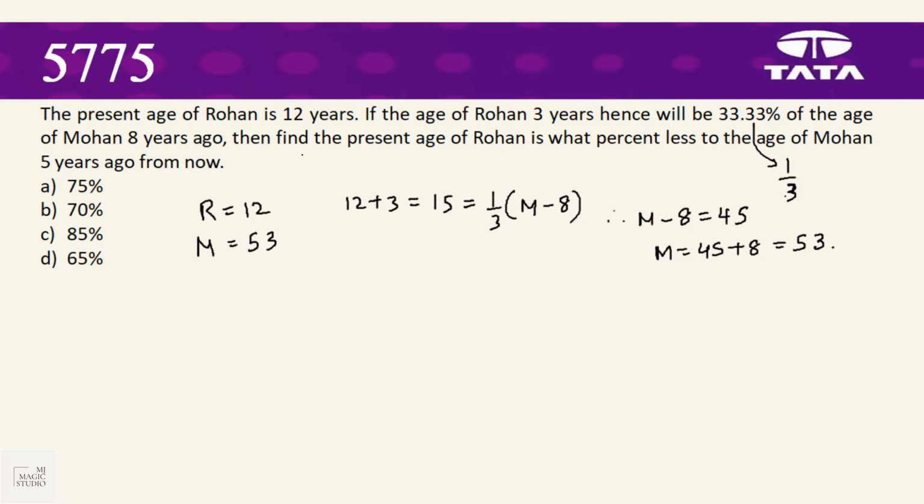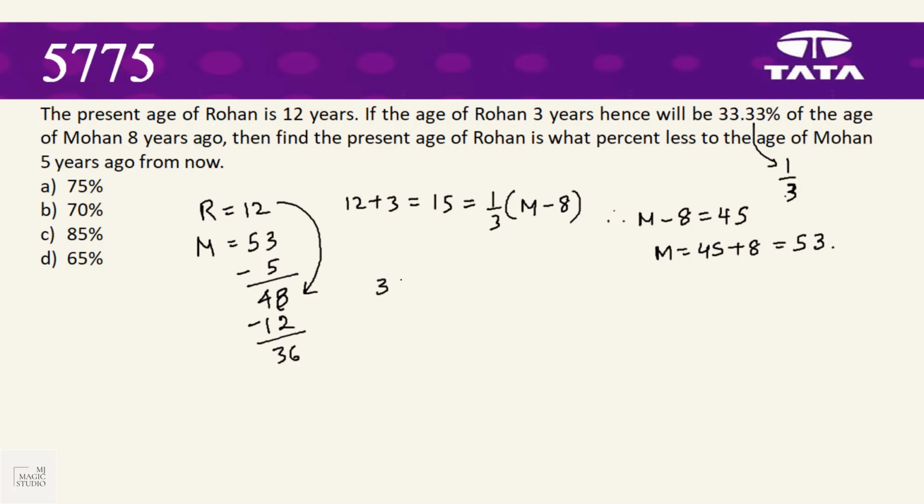Find the present age of Rohan is what percent less than the age of Mohan 5 years ago. Age of Mohan 5 years ago was 45. How much is 12 less than 45? That is the question which is asked. So if we subtract 12 from 45, how much? 53 minus 5 is not 45, it is 48.